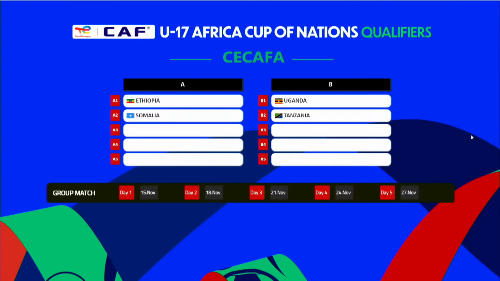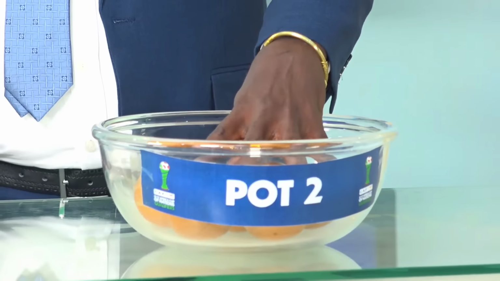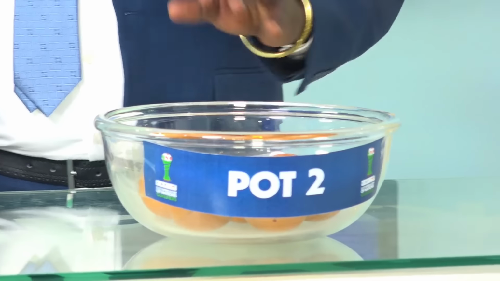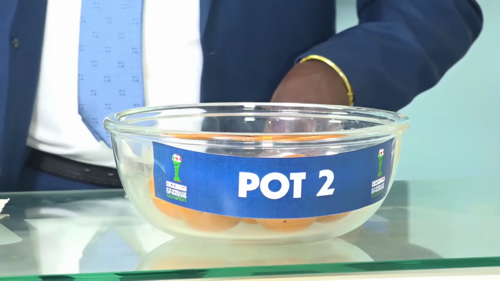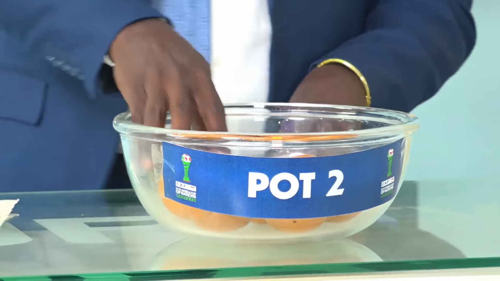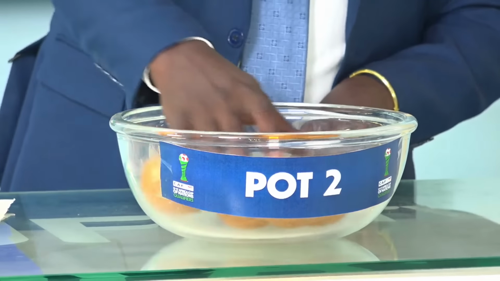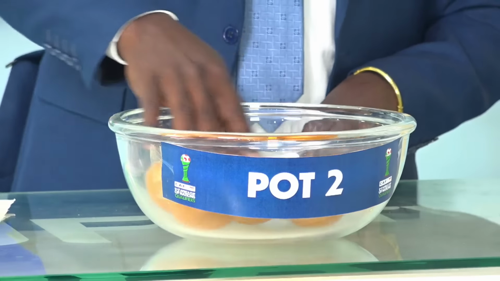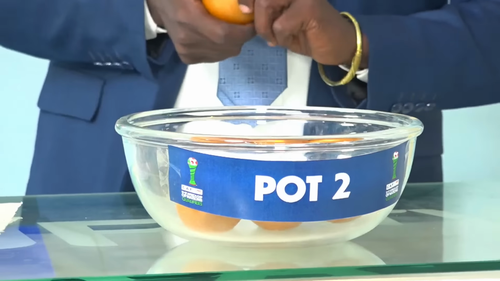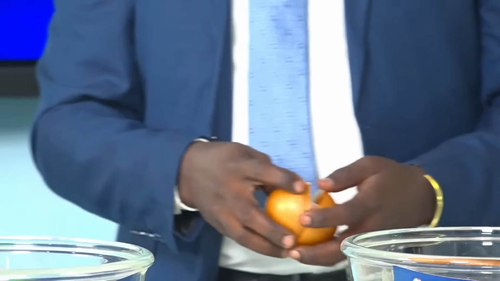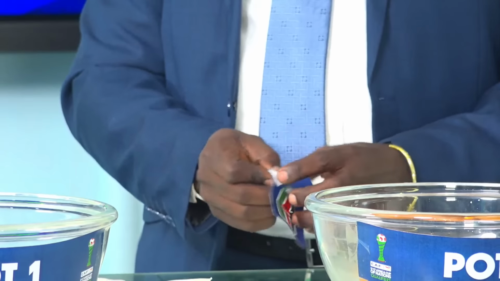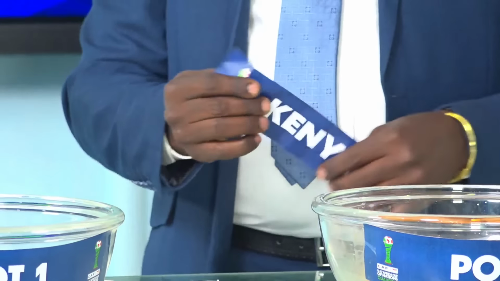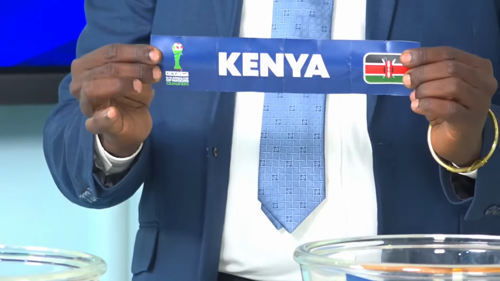We move very quickly to Pot 2. All the other 6 teams will be drawn from Pot 2 to fill the other gaps in Group A and Group B. The first ball that I will draw from Pot 2 will go straight to Group A, and that becomes A3. Team A3. And that is Kenya.